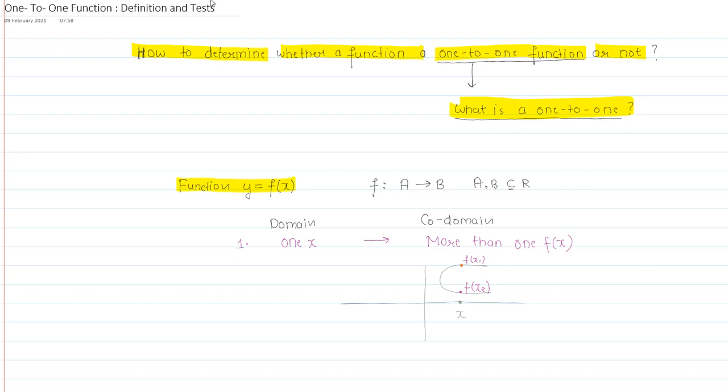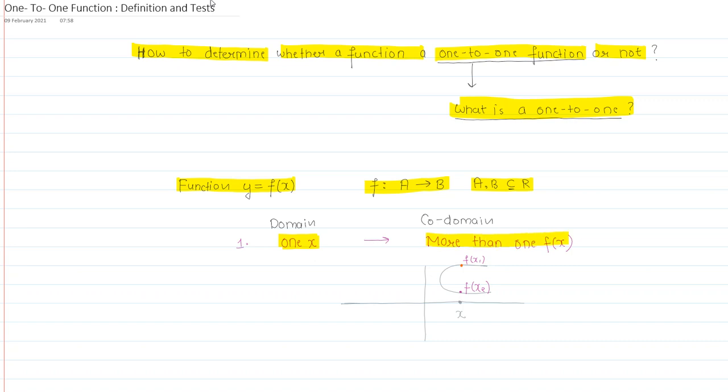y is equal to f(x), and it is defined from A to B, where A and B are subsets of the real line. Now, there are three possibilities. In the first case, there is one x, but in the codomain, there can be more than one f(x).